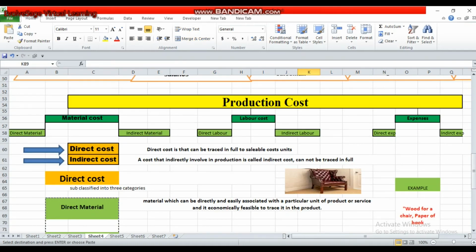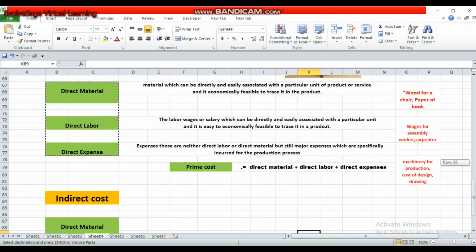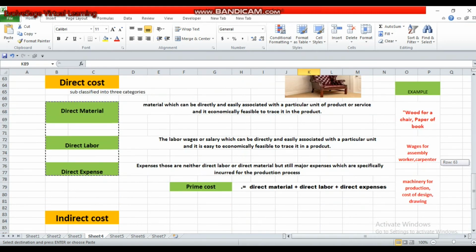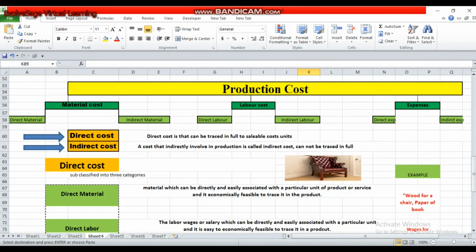So now we will talk about indirect expenses. What kind of indirect expenses do we actually incur during the production process? As I said earlier, for producing products we incur different types of expenses or costs during the production process. These costs consist of material cost, labor cost, and expenses, and we divide these costs into two categories.